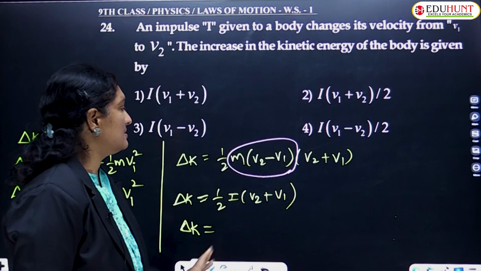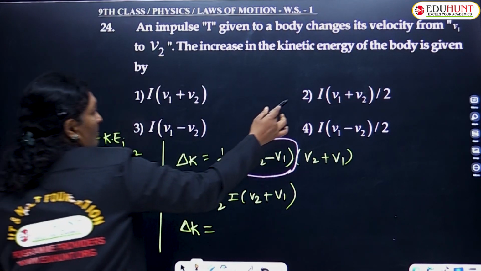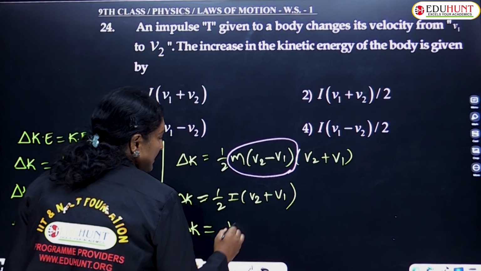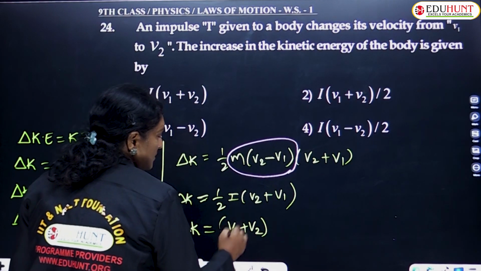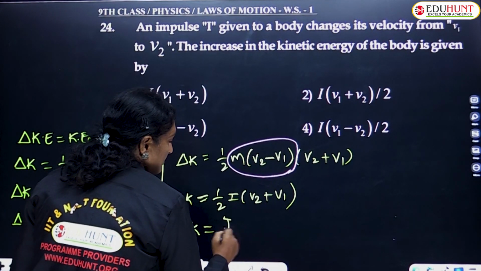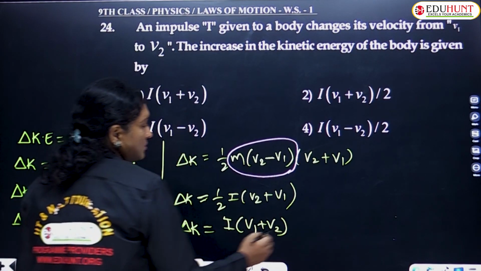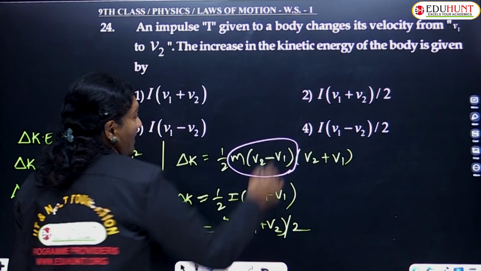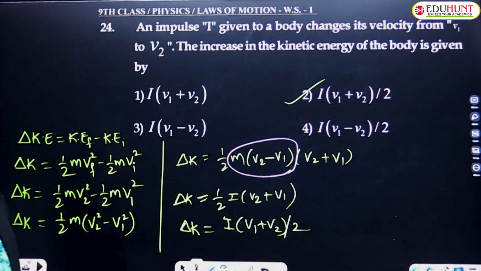Here. Minus is not there, plus. Denominator 2 must be there, so the option must be here. Let me rewrite this once again: v2 plus v1 can be written as v1 plus v2, I multiplied by v1 plus v2, denominator 2 is there, so that is by 2. Hence, option 2 must be the correct answer. Okay, children.